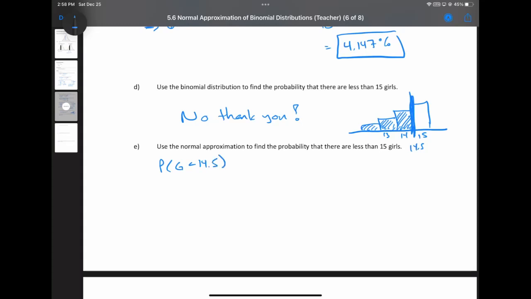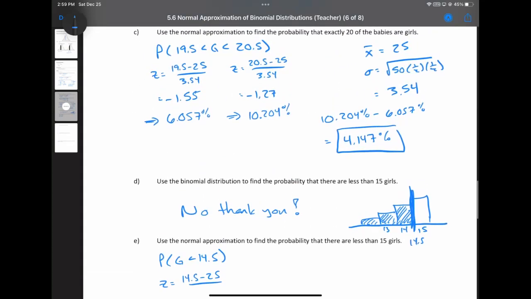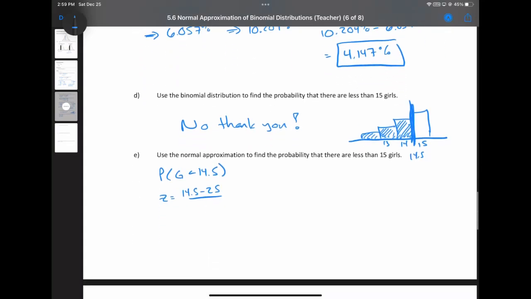And so I do my z-score for 14.5. We already have the values for x bar and sigma there, 25 for x bar and 3.54 for the standard deviation, so no new calculations.